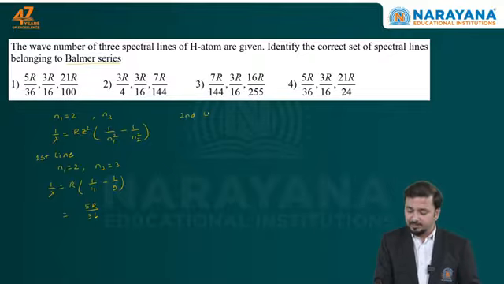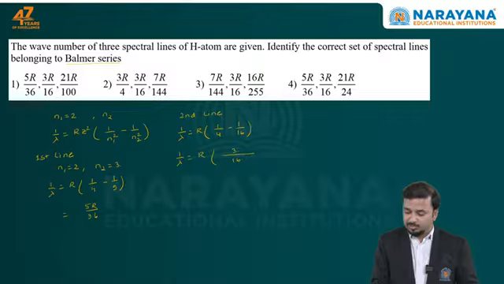For the second line, we get 1 upon lambda equal to R times 1 by 4, and n2 will be 4, so it is 1 by 16. Taking 16 as LCM, it becomes 3 by 16. So 1 upon lambda is 3R by 16.